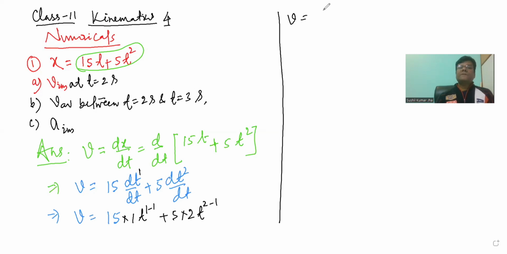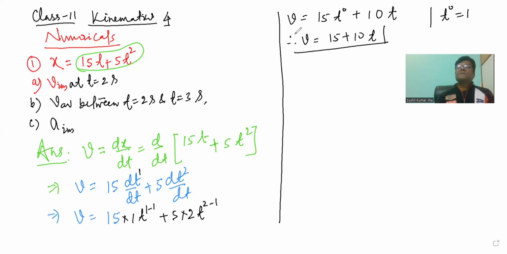Therefore we are left with 15 t raised to the power 0 plus 10t. Something raised to the power 0 is 1, so t raised to the power 0 is 1. Therefore, we get the equation 15 plus 10t.